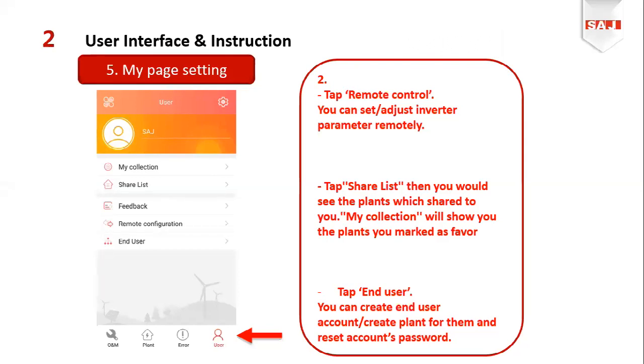When you help to reset the password for an end user account, then the end user can log in with this default password 123456. Then when the customer logs in successfully, they can go to the password adjustment to change their own password.